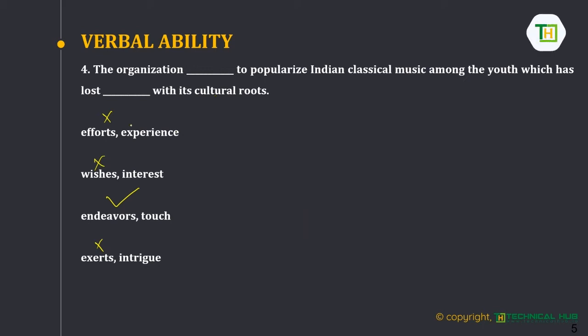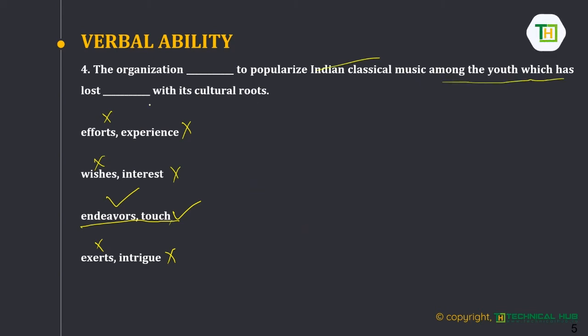Youth which has lost touch with its cultural roots. So this is the right option, and you don't need to use the remaining options. Always try to understand the theme of the sentence. The organization is trying to popularize Indian classical music among the youth. Youth means you only.